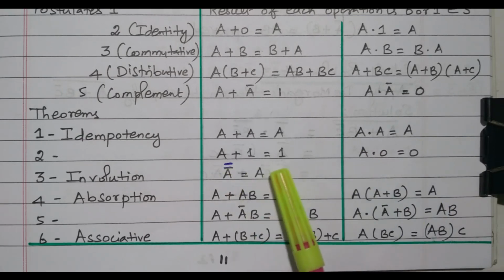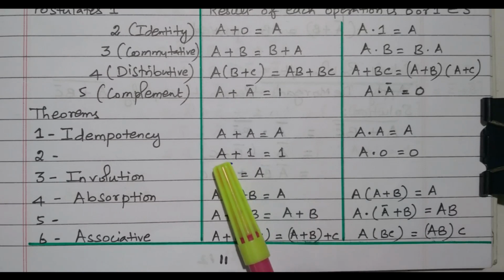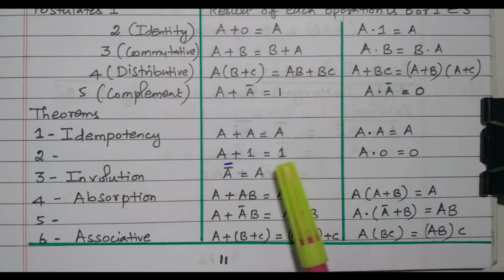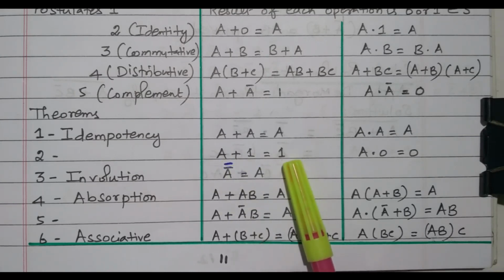Similarly, A plus 1 equals 1. What is that? A may be any value, 0 or 1. If it is 0, 0 plus 1 is 1. If it is 1, 1 plus 1 is also 1. So any variable added with 1 will give 1 only.